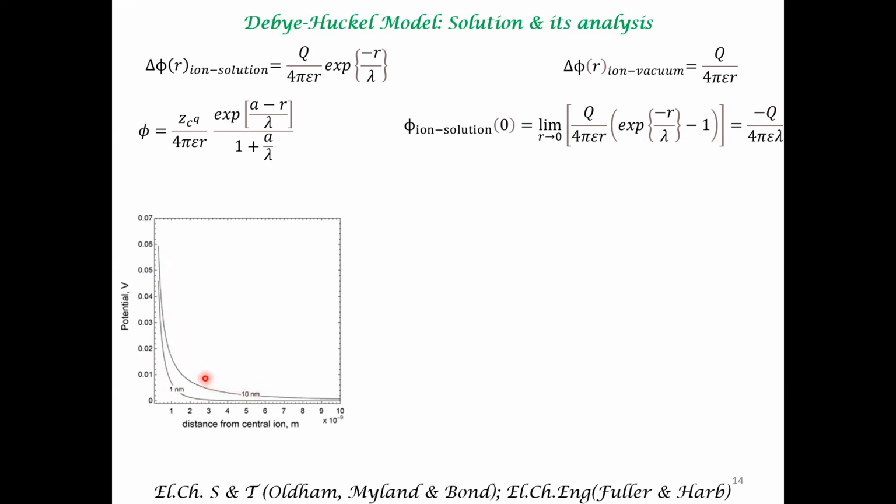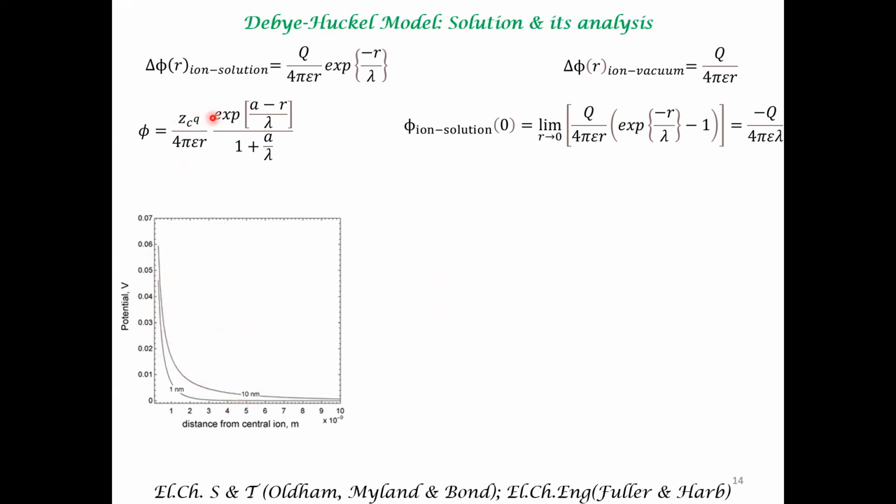So again, look at the feature of my decay. If I go to electrostatics, I had the decay as 1 by R decay. But here, in addition to the 1 by R decay, there is another term which is an exponential decay.